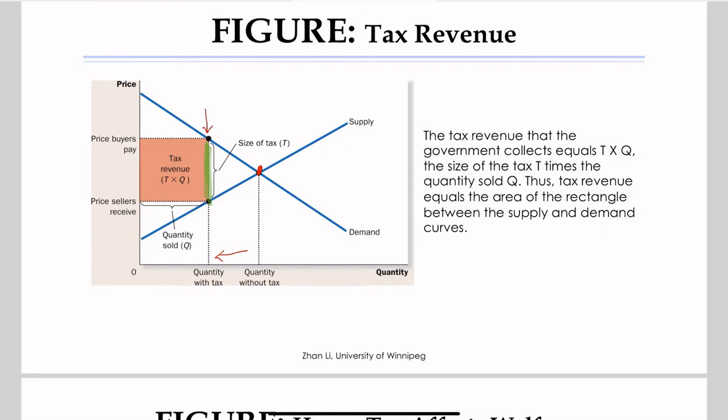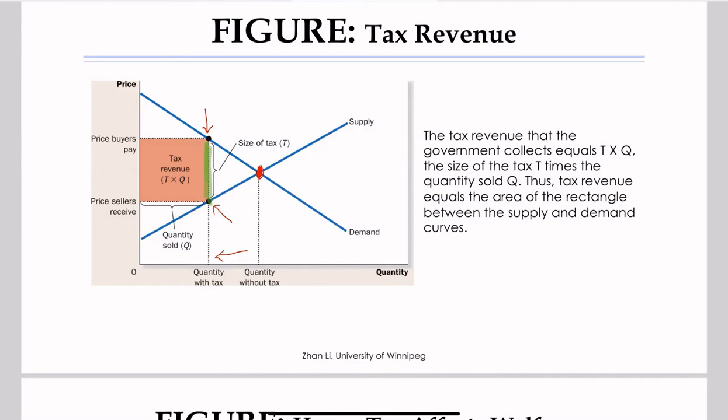And price received by sellers will be lower. Originally, the price was given by this red dot, and now price received by sellers is given by this. Right? So that's basically what we could say about equilibrium prices and the equilibrium quantity.